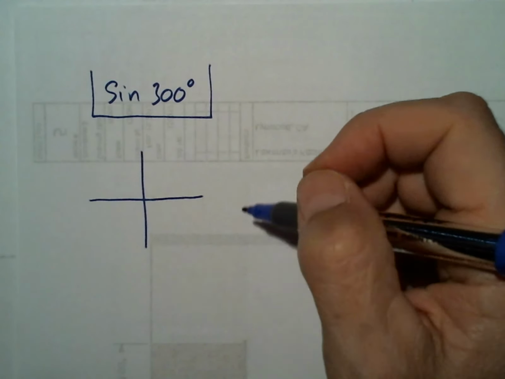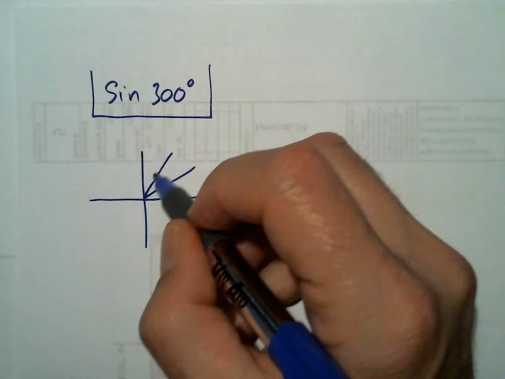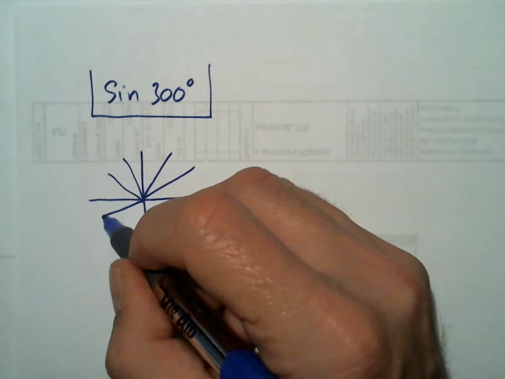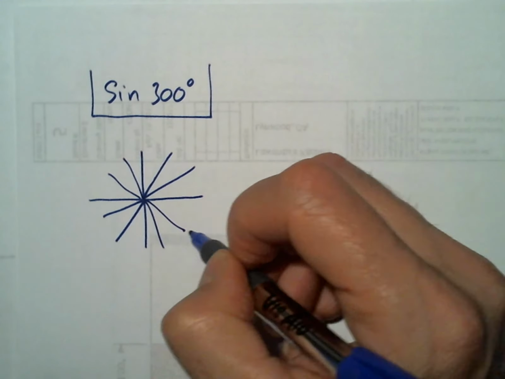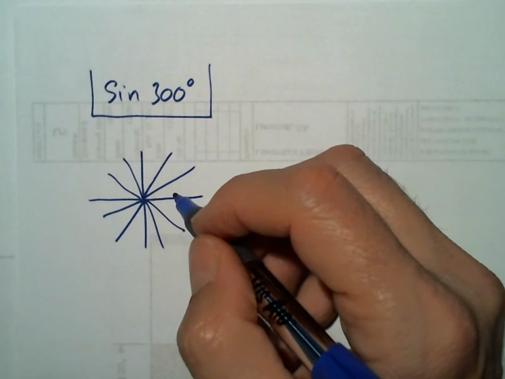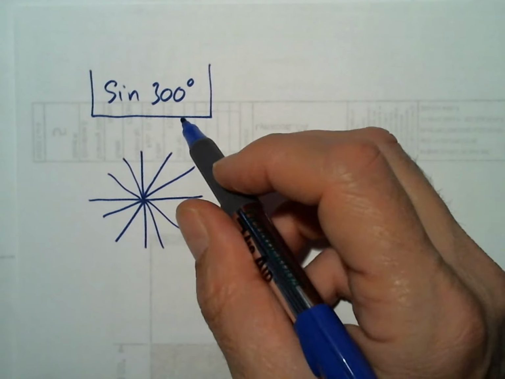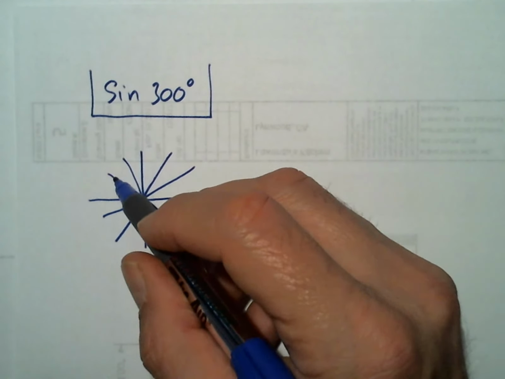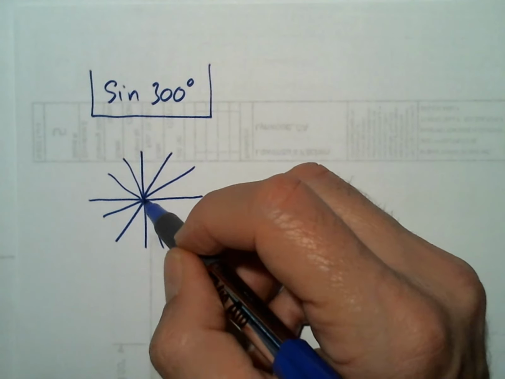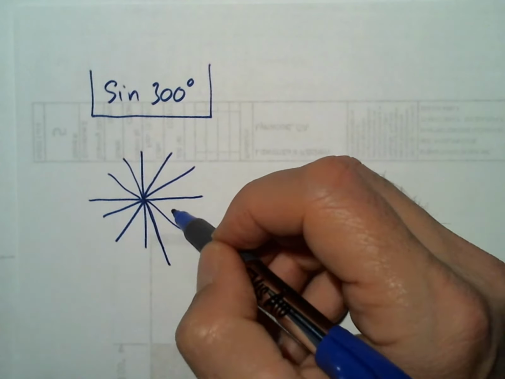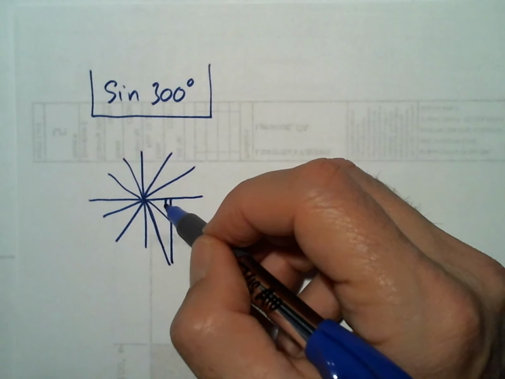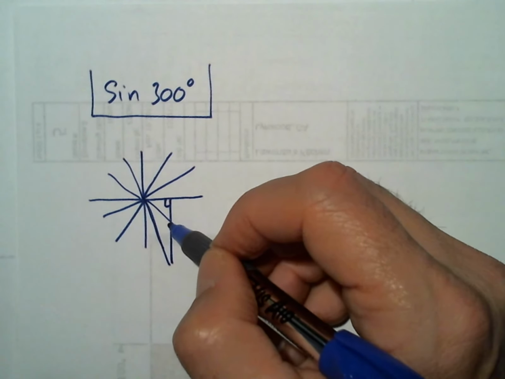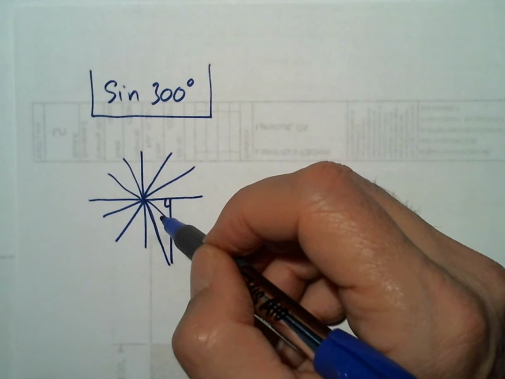300 is a multiple of 30. And if we count around, we'd need 10 30s. 1, 2, 3, 4, 5, 6, 7, 8, 9, 10. That means there would be 2 30s left over for the reference angle of 60.